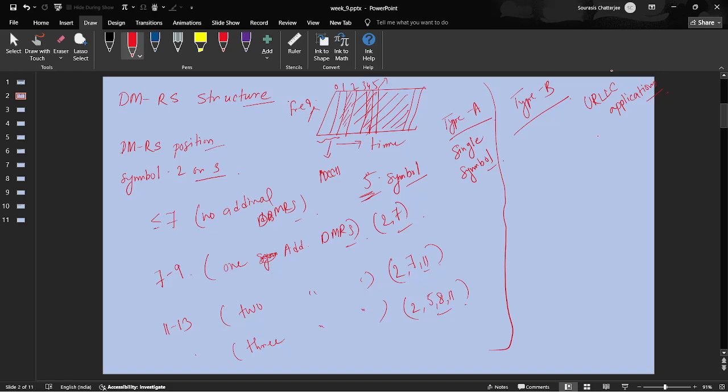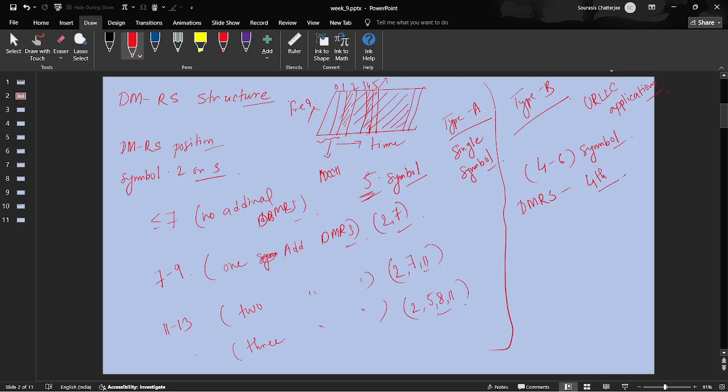Okay. Fine. So let's say I have URLLC data over the fourth to sixth symbol maybe. At which symbol are we supposed to place the DMRS here? Fourth.